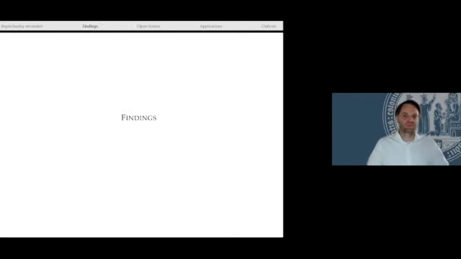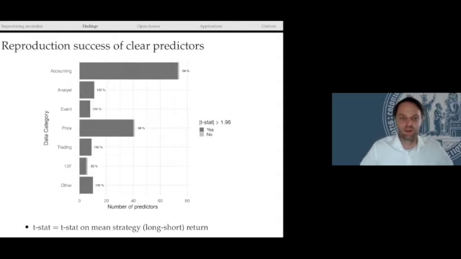Okay, so what do we find? Here's some good news for cross-sectional asset pricing. What you see here is on the x-axis the number of predictors, and on the y-axis different data categories, and the bars show how many of the predictors in each category have a t-stat above 1.96.